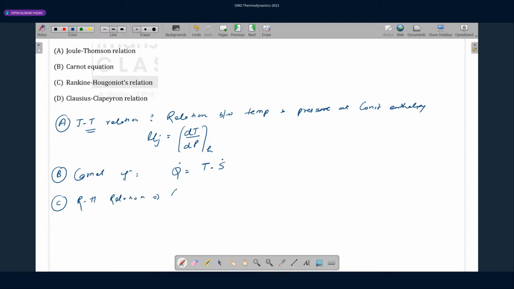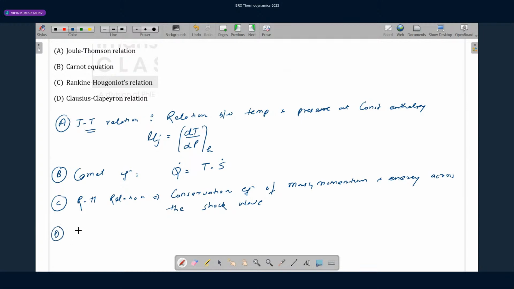This basically gives you the conservation equations of mass, momentum, and energy across the shock wave. So this is also not our answer.